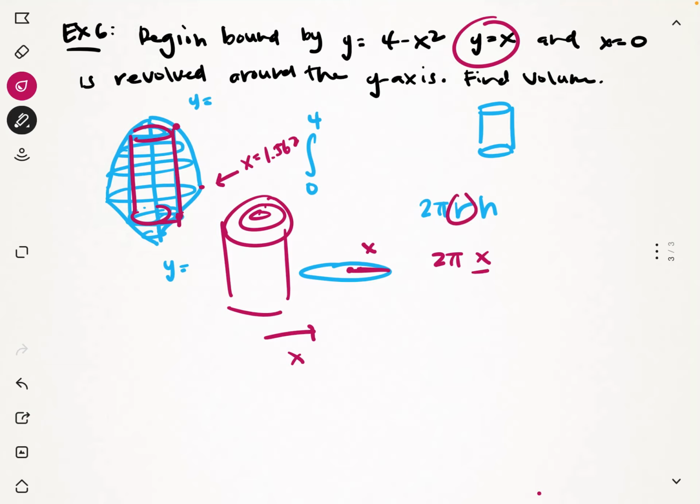So our top function is 4 minus x squared minus the bottom function, which is x. And we're doing this from 0 to 1.562 dx.